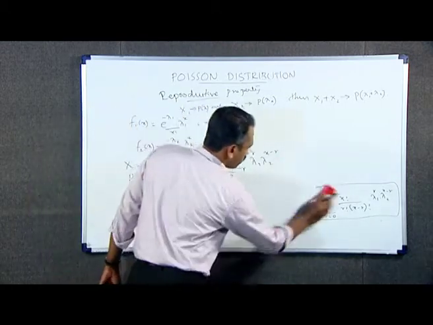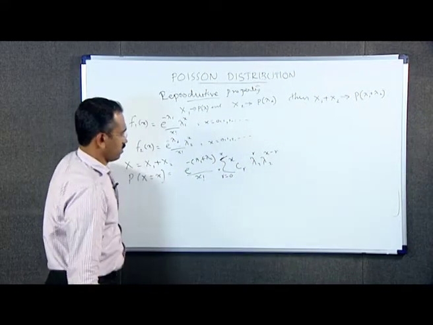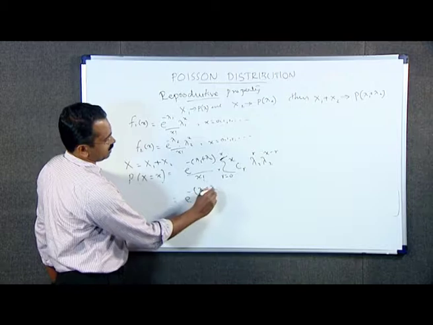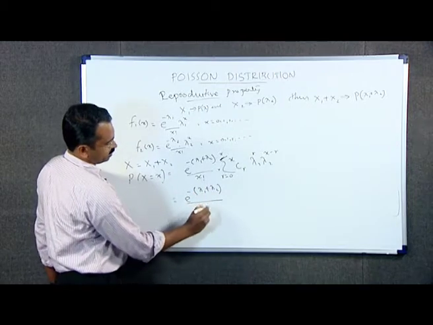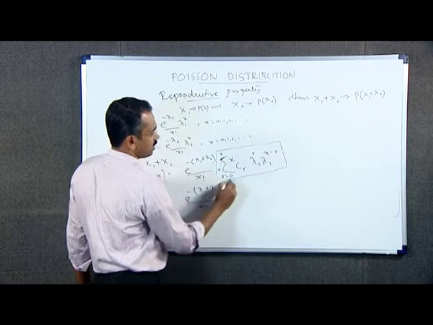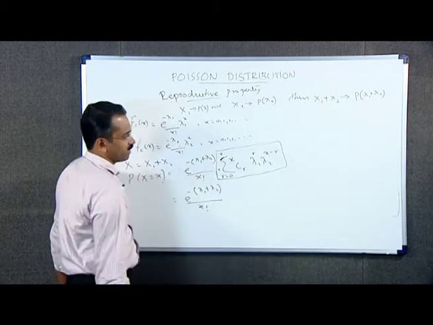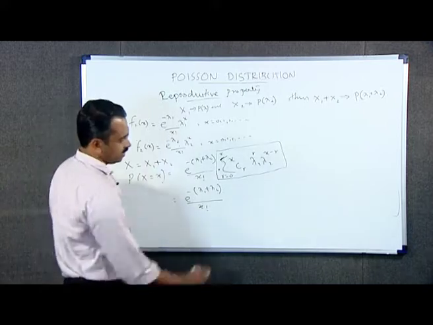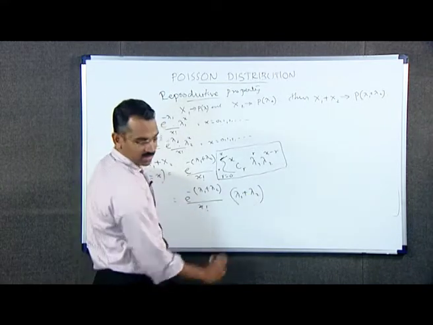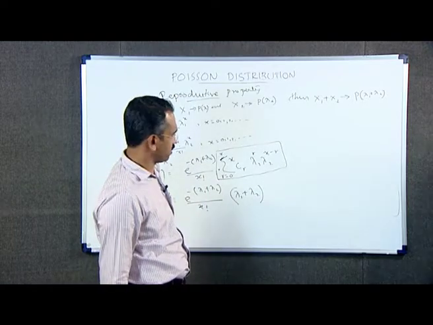Which is equal to e raised to minus of lambda 1 plus lambda 2 divided by x factorial into, if we expand this summation, we get this as lambda 1 plus lambda 2 raised to x.